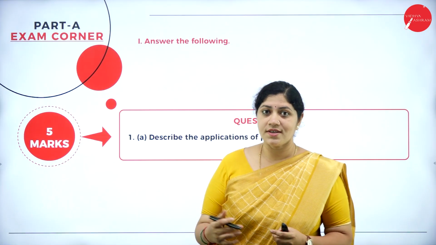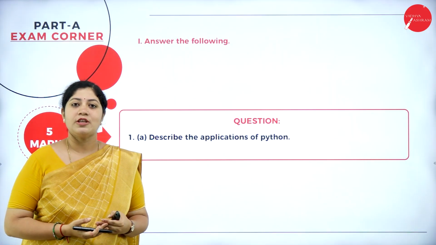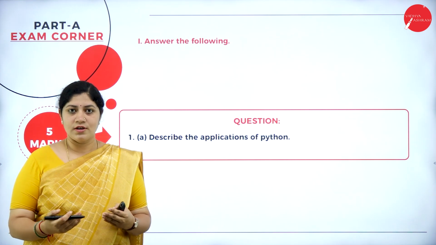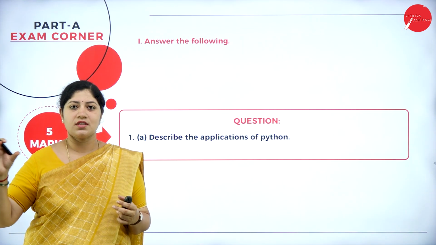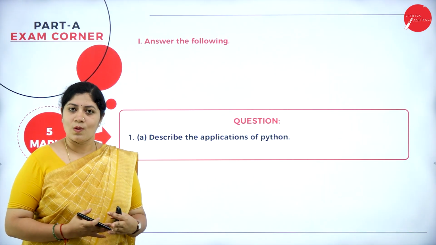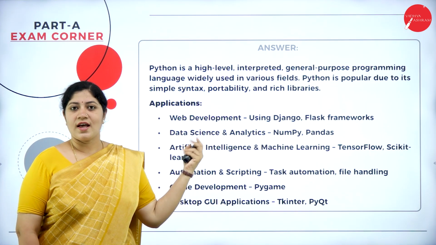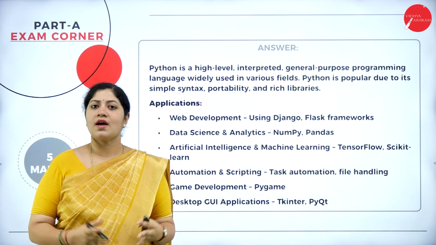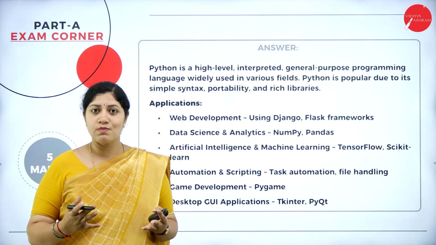So let's get started and understand what's the answer that you're supposed to write with respect to the applications of Python question. So let me tell you, whenever it goes for 5 marks and the content is small, we can write the direct points for that. But in order to score exact 5 out of 5 for this question, I would prefer that instead of just getting started directly with the applications, let's just describe what this Python is, because it's a 5 marks question, right?